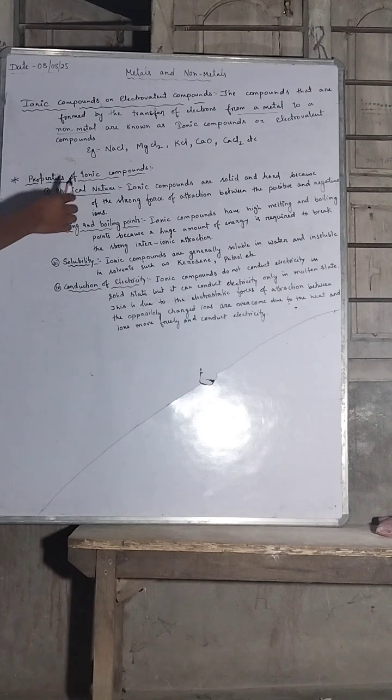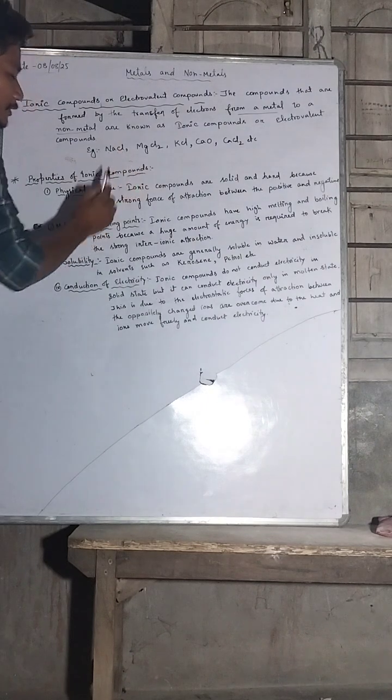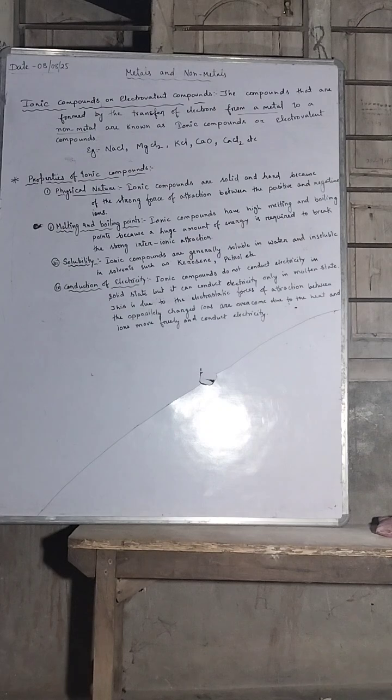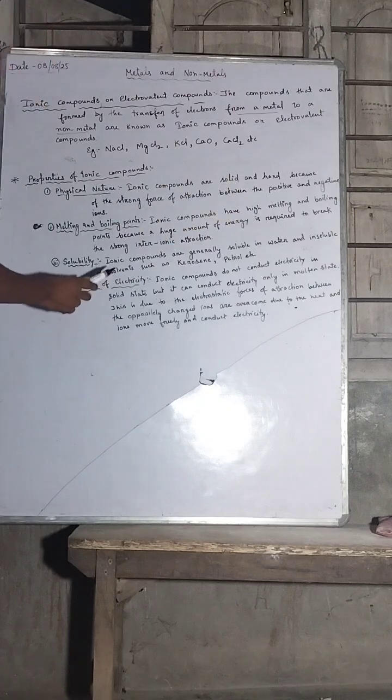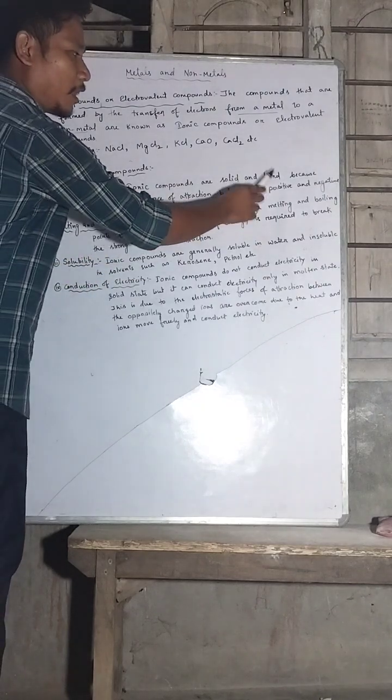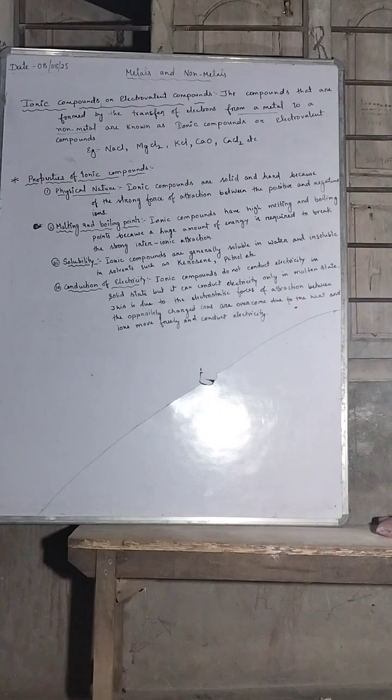As we know, NaCl, which we commonly use at home as common salt, namak, is a solid. Therefore, regarding physical nature, ionic compounds are solid and hard. They are very hard.